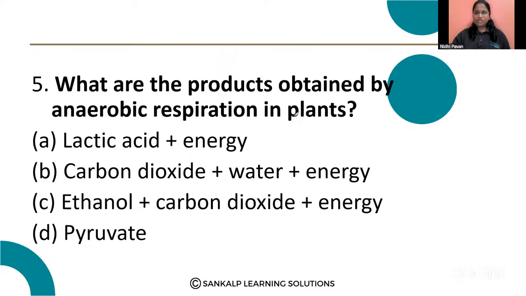Let me change here. Anaerobic respiration cannot play. Let us take the muscle cells of the human body. Sorry, just a minute. Let me change the question. Anaerobic respiration in yeast. In yeast. Okay. What are the products obtained in anaerobic respiration in yeast?